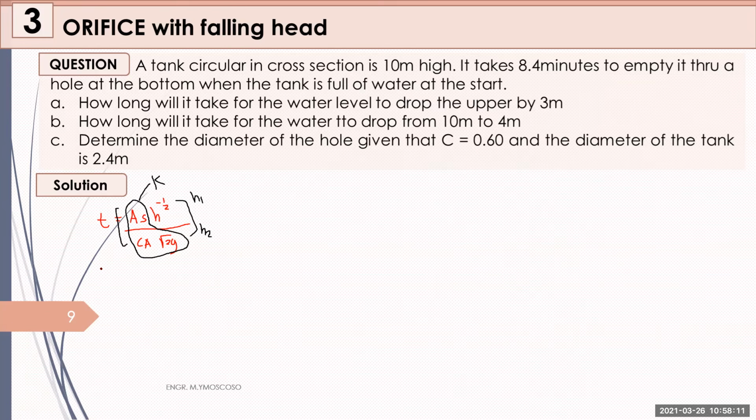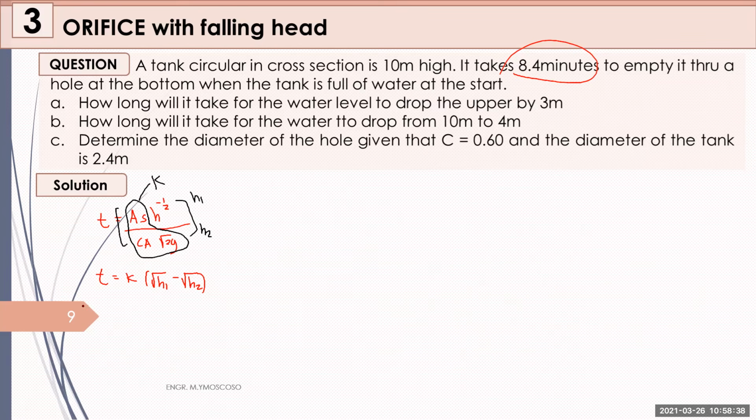So, the equation would be T equals K times the square root of H1 minus the square root of H2. According to the problem, the tank is full at the very start, and the water is emptied in 8.4 minutes. Therefore, we can get the value of K.